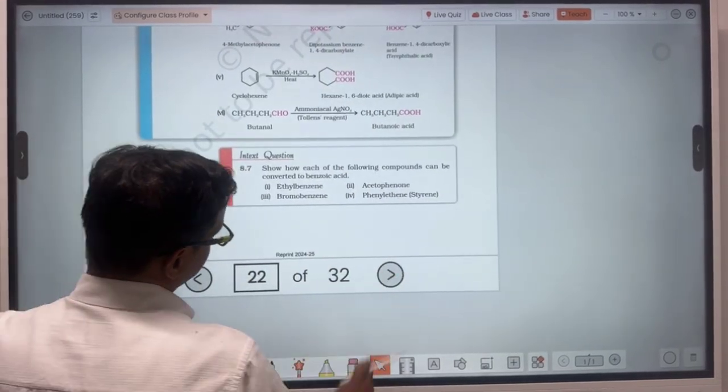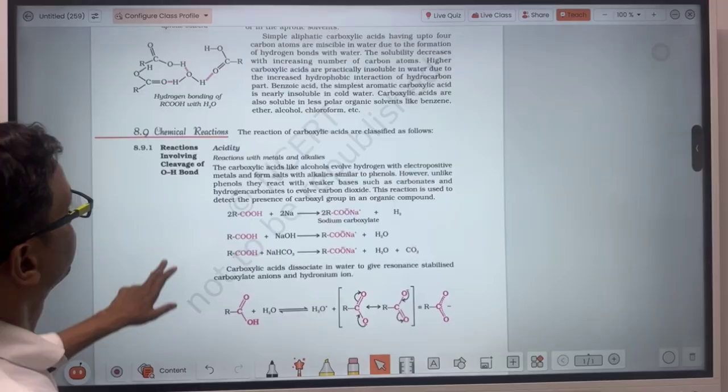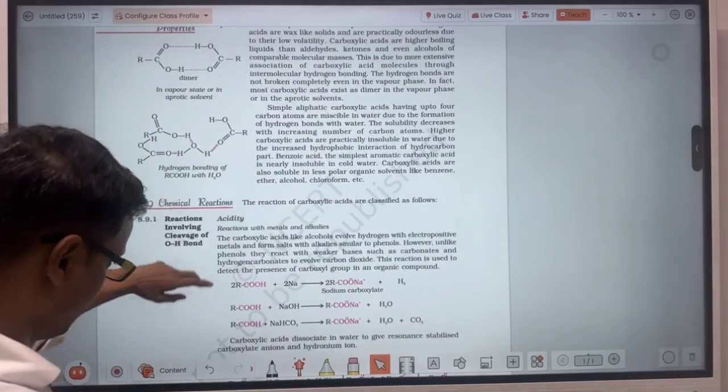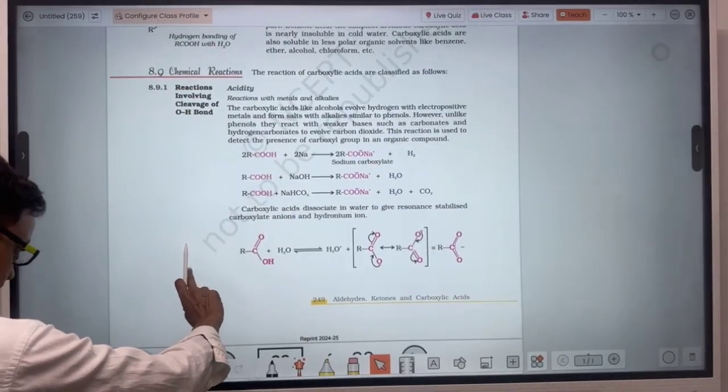That was about the conversions of this chapter. Next one is, okay, one topic I have left. About that, let's see firstly.